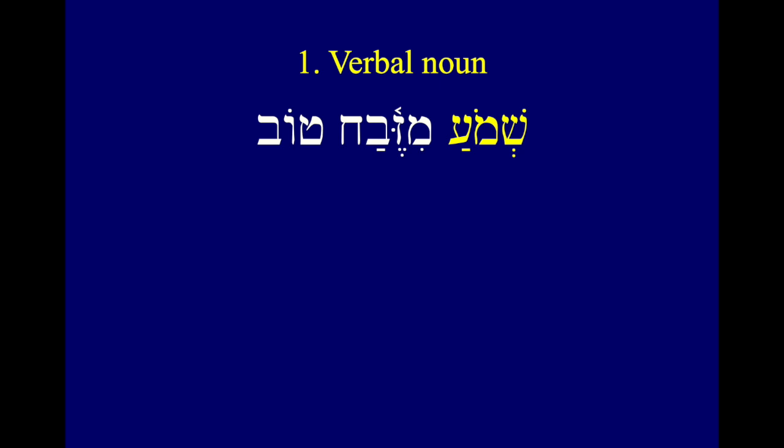So, to listen or hearing, and then mizzevach tov. To listen from, zevach means sacrifice. To listen from sacrifice, good. Now that doesn't make any sense in English. But remember what the min can do. It can mean from, or it can mean better than, a comparative form, right? So to listen from sacrifice, good.